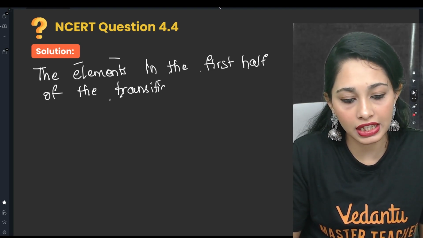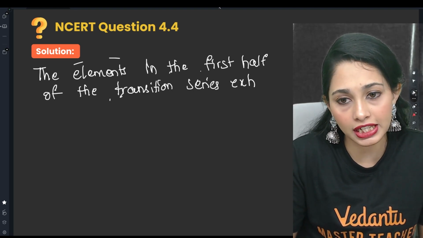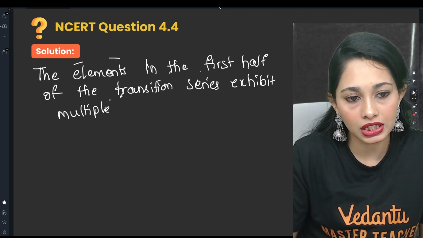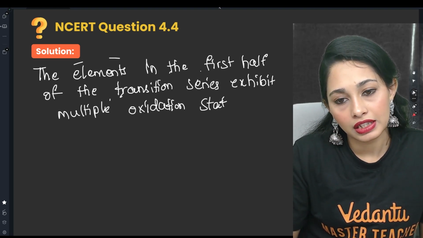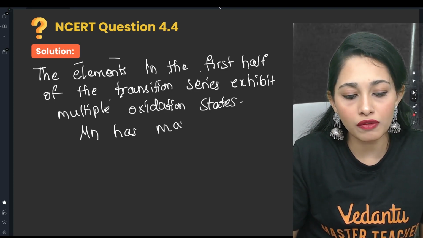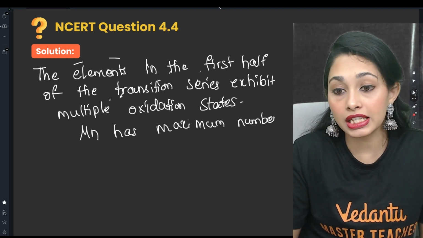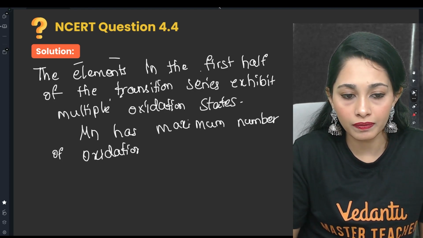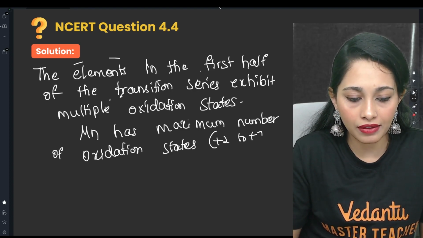The elements exhibit multiple oxidation states, and manganese, Mn, has the maximum number of oxidation states, varying from +2 to +7.